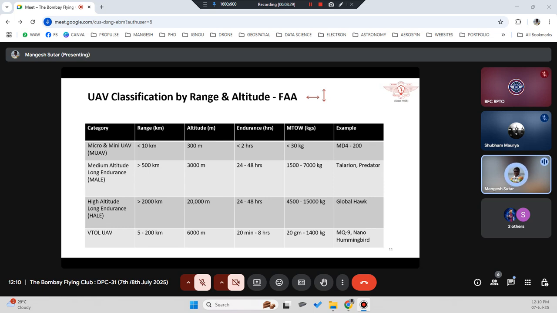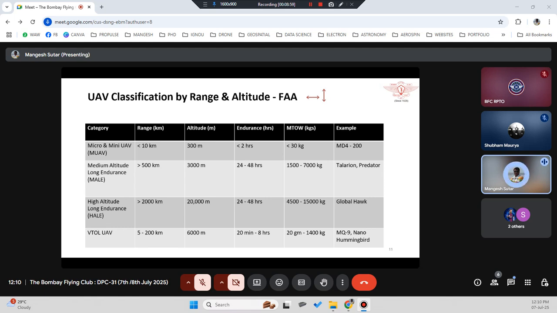Whereas as per our Drone Rules 2021, we are categorized on type and weight. Type is rotorcraft, aeroplane, and hybrid. Subcategory is RPAS, model RPAS, or autonomous UAS. Classification is based on maximum takeoff weight: nano, micro, small, medium, and large, defined by particular ranges of weights.